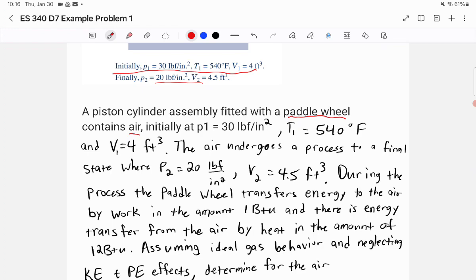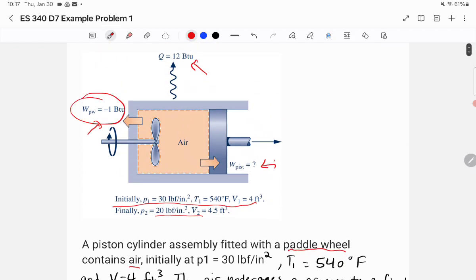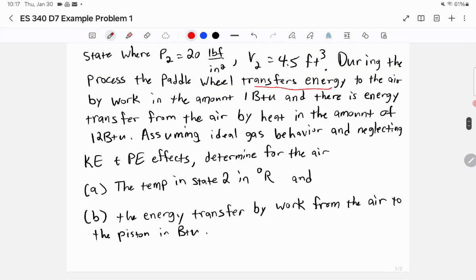The air undergoes a process to a final state where P2 is equal to 20 pound force per inch squared, V2 is equal to 4.5 feet cubed. During the process, the paddle wheel transfers energy to the air. That's this part right here. In the amount of 1 BTU, and there is energy transfer from the air by heat in the amount of 12 BTU.